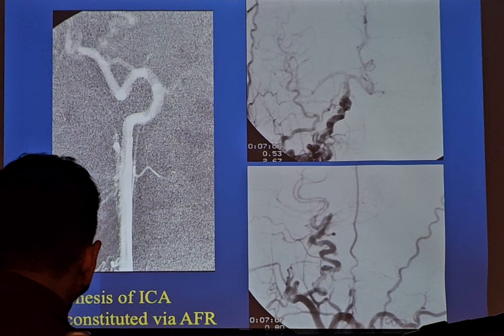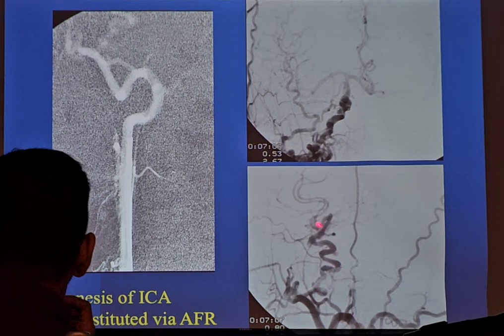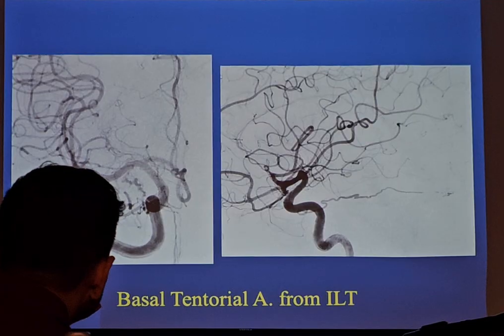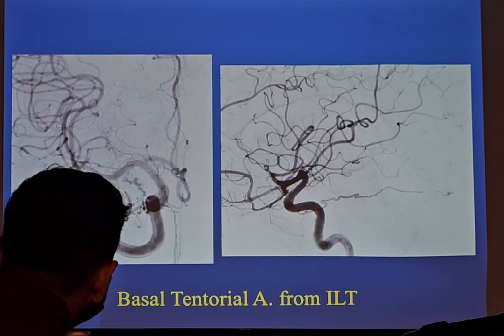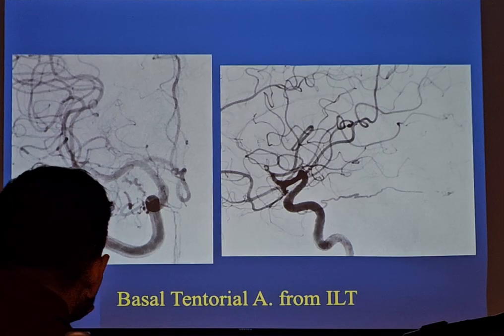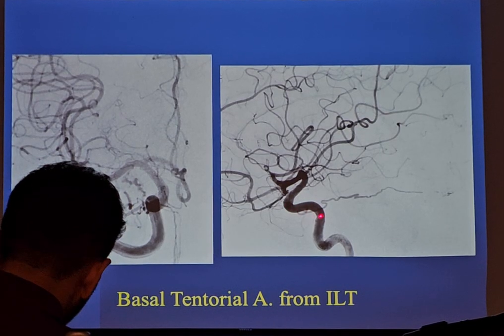Okay? This is another example of internal carotid agenesis reconstituted through the artery of foramen rotundum and inferolateral trunk and cavernous sinus filling. Okay? The other branch from the cavernous sinus is this basal tentorial artery. You can see inferolateral trunk giving off small dural branches.